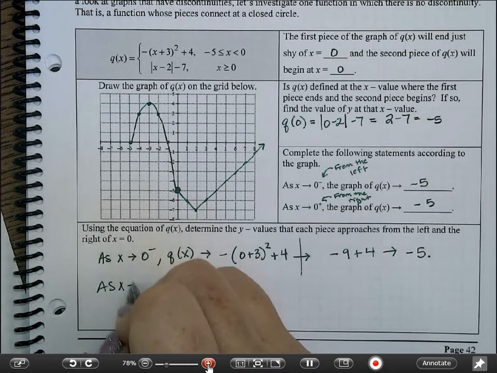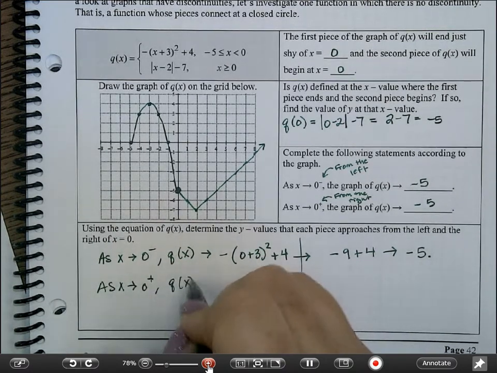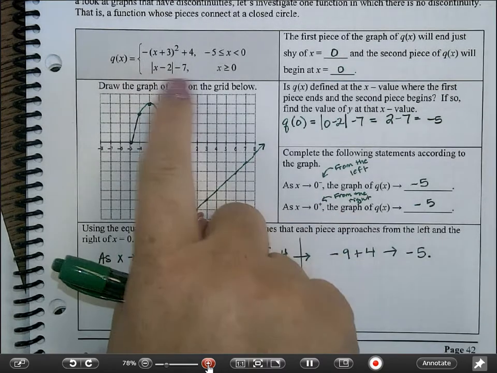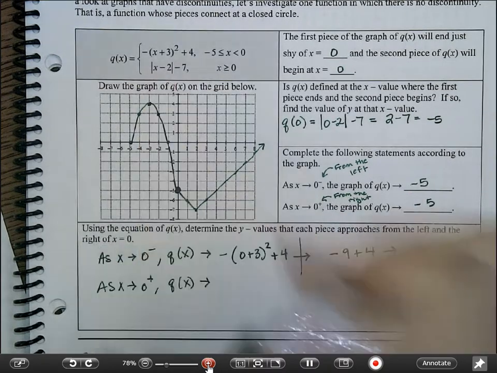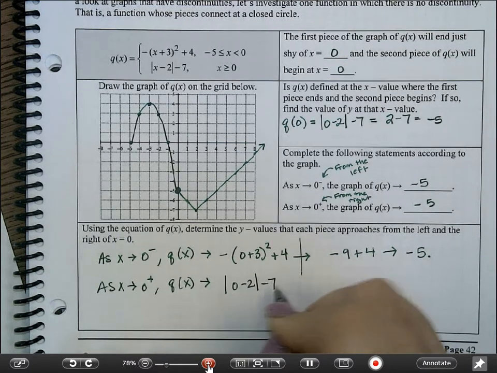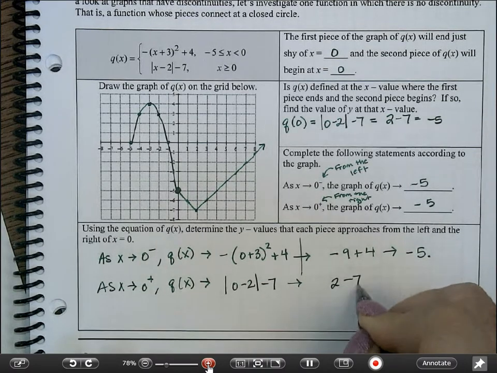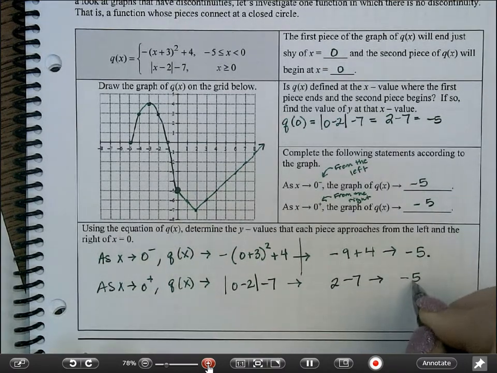As x approaches 0 from the right, q of x, and then I'm going to be using this function, 0 minus 2 minus 7 is equal to 2 minus 7, which gives me negative 5.